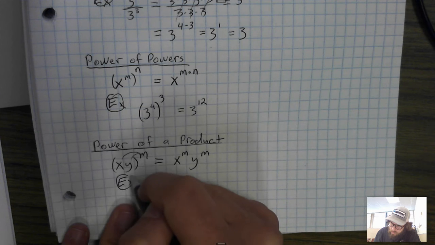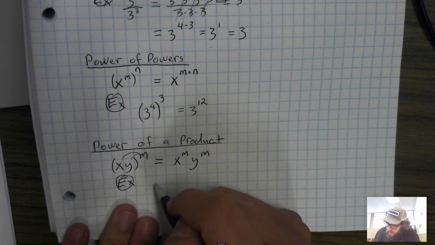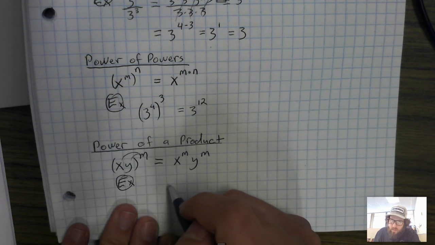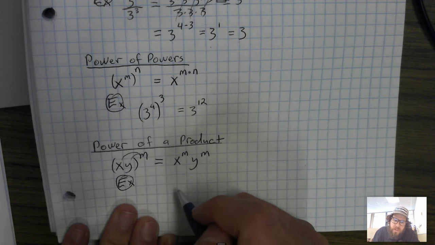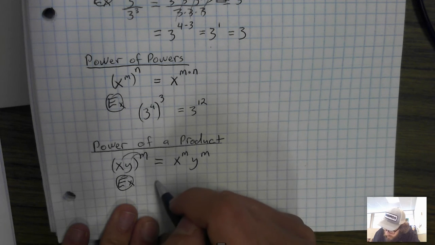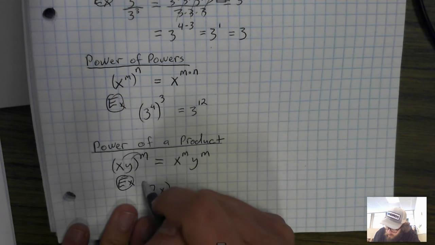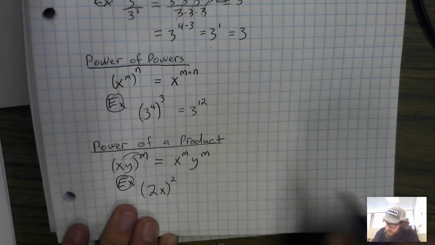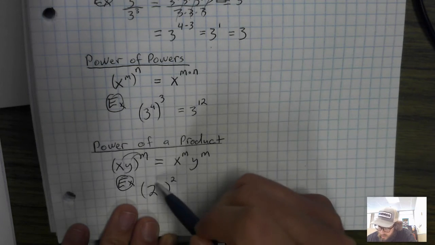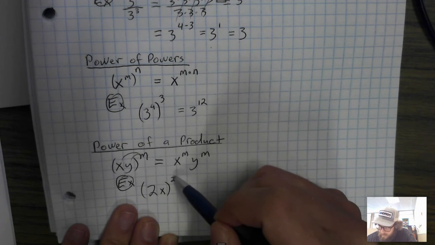And for the example, if I just put two numbers in there, 3 times 4, you would do the parentheses first, and you'd just say it's 12. So let's put like 2x squared. So I've got a product in here, and I've got my exponent, my power up there.